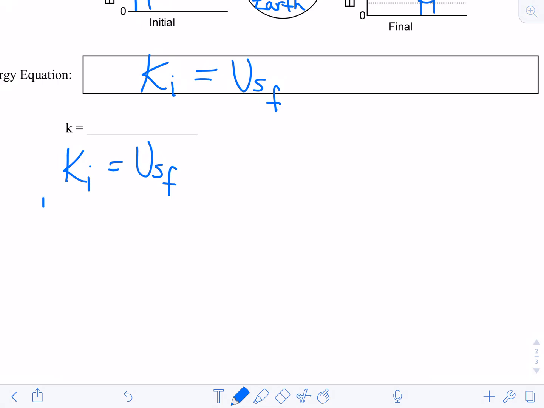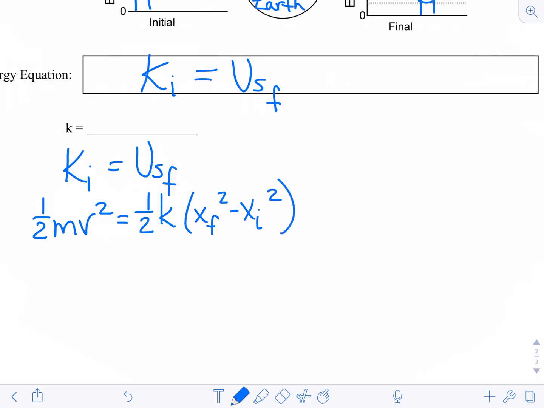The kinetic energy equation is 1/2 mv squared, and the spring energy equation, I think I have to look at my notes to remember this one, because it's the long one. It's 1/2 times the spring constant times final stretch squared minus initial stretch squared.